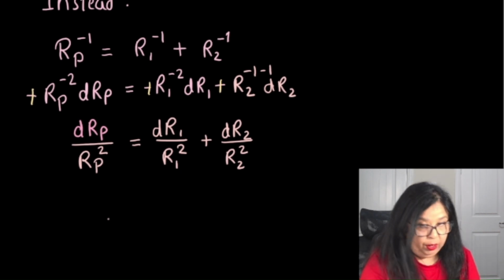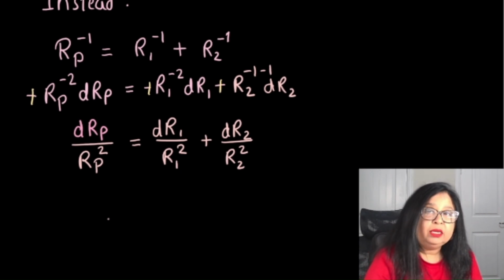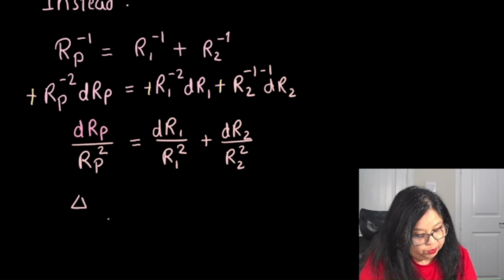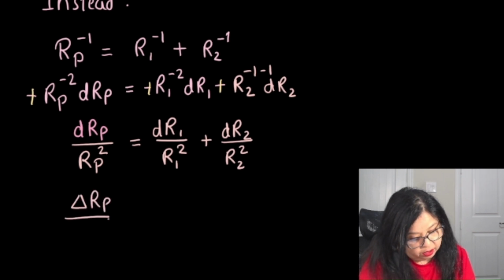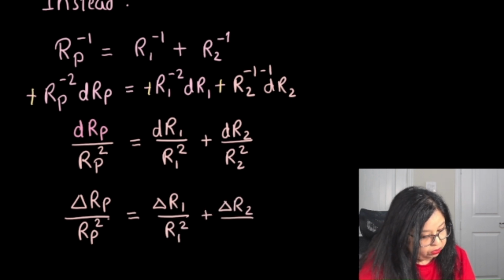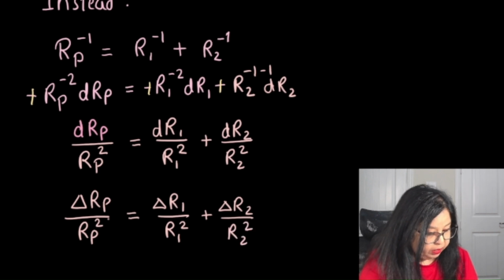And now from here, I'm going to change all the differential operators to deltas. What does that give me? Delta Rp divided by Rp squared equals delta R1 divided by R1 squared plus delta R2 divided by R2 squared.